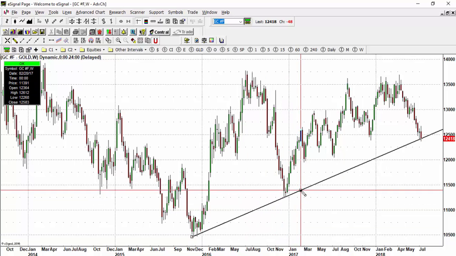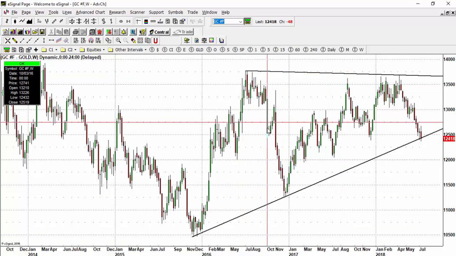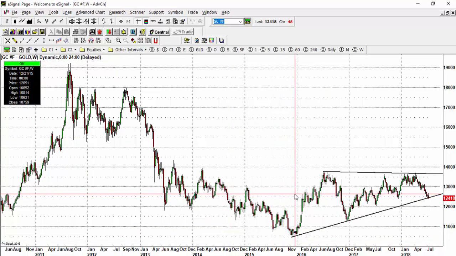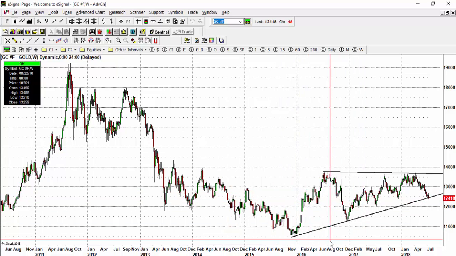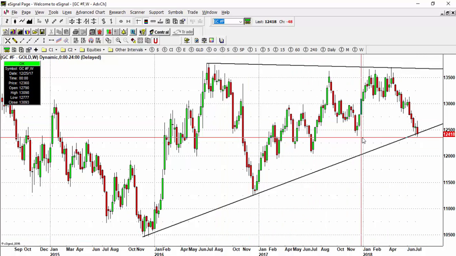Because what's happening now is that the market is coming up on some critical areas of support at this $1,240 region. What we want to see, for the bulls, is the market rebound off of this upsloping trend line.